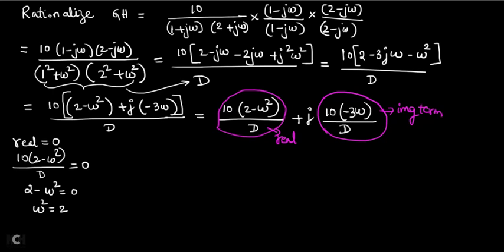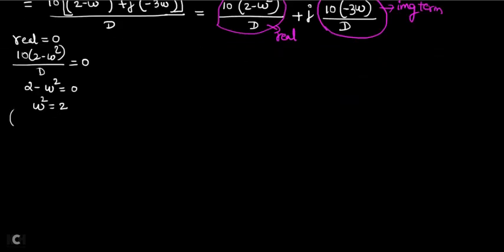Remember, when you equate the real term to 0, if your omega value is a number that is not 0, here omega square is equal to 2, so it is not equal to 0, then this indicates there is one intersection.